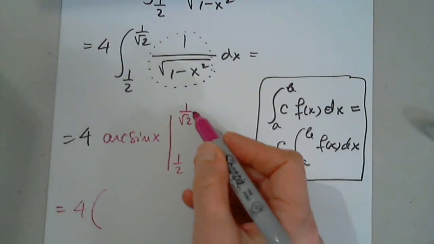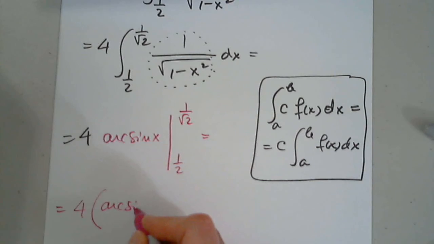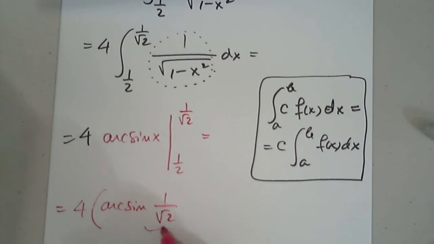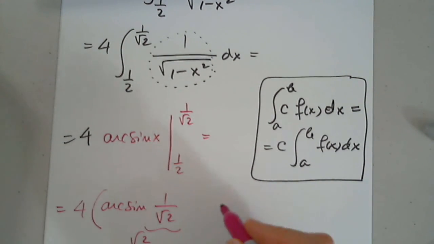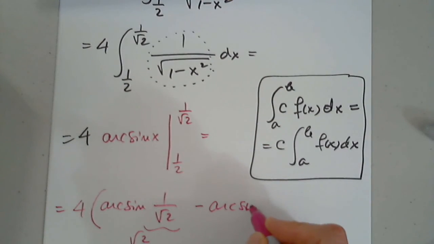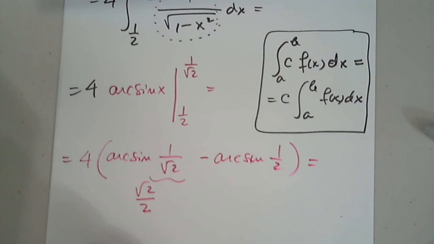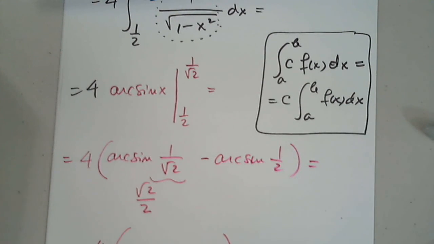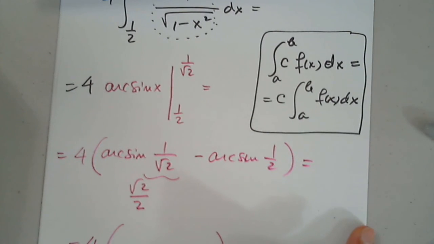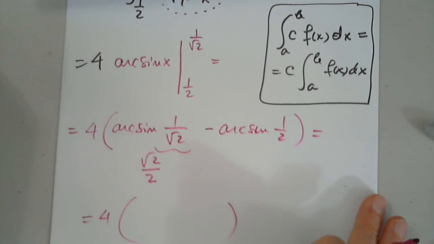So 4, I plug in 1 over the square root of 2, which is the same thing as the square root of 2 over 2, minus arc sine of 1/2. Anyone remembers which angle in the first quadrant has sine square root of 2 over 2?